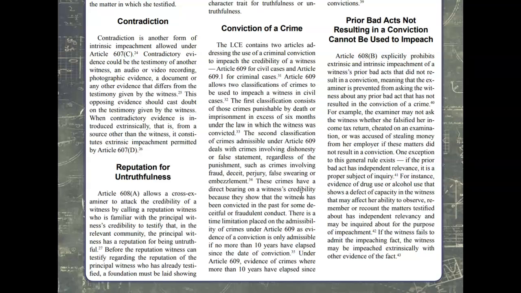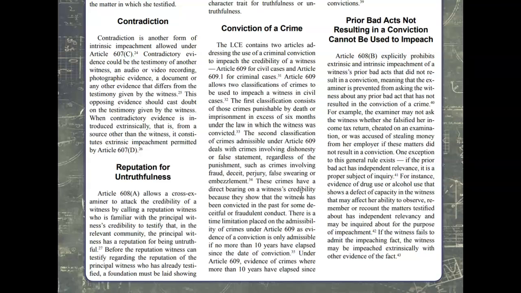It is important to note that prior bad acts, basically any bad act where there is no conviction, cannot be used to impeach. So we have some examples here: a person cheating on an exam or accused of stealing money from her employer, from her church.